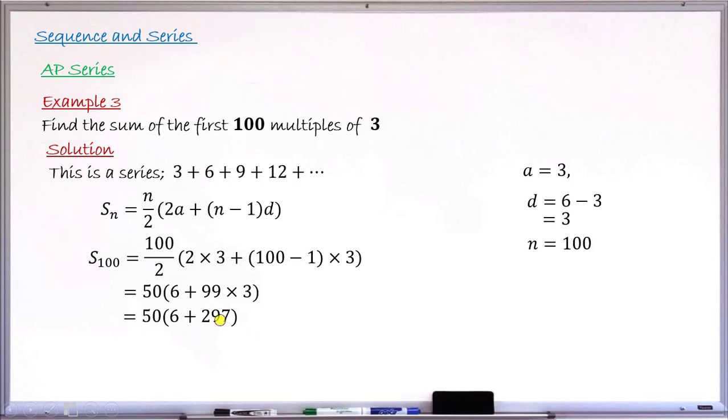So I'm going to do this addition, then the result multiplied by 50. If that addition is done correctly, you have 303. That is 6 plus 297. 50 multiplied by 303 gives you the sum as 15,150. This is the sum of the very first 100 terms of multiples of 3.